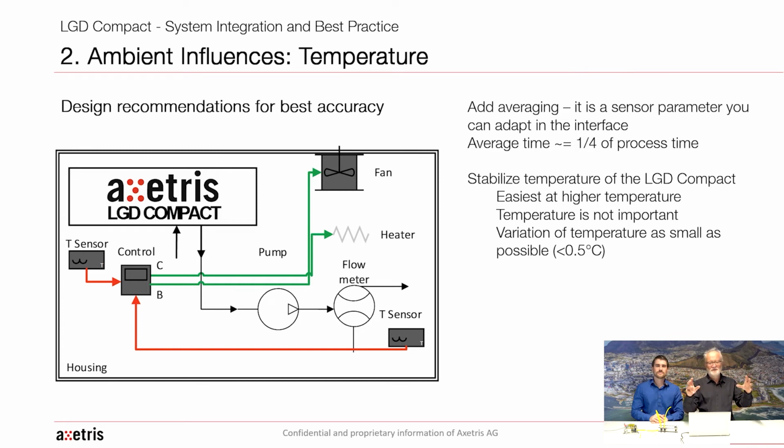Maybe you isolate this housing a bit, and then you control the temperature you measure inside the box and try to make it as stable as possible. Depending on the conditions around this system, you have to add ambient air with the fan from outside to cool down inside this box, or maybe the fan is only needed to circulate the heat inside the housing. All this is not real rocket science, but it has to be carefully adapted to the conditions of your application.